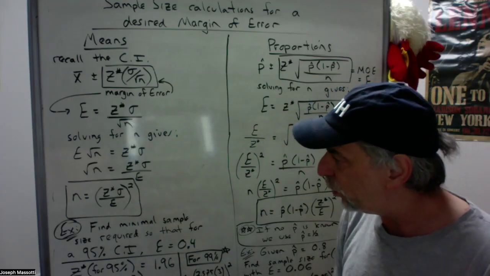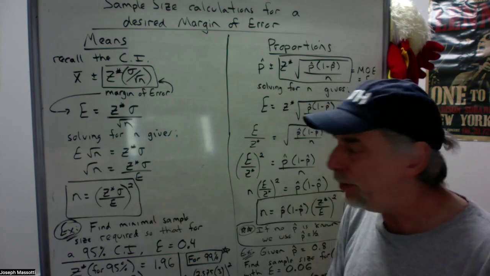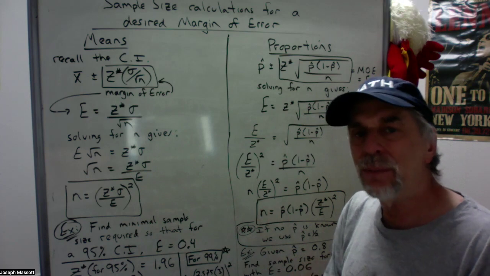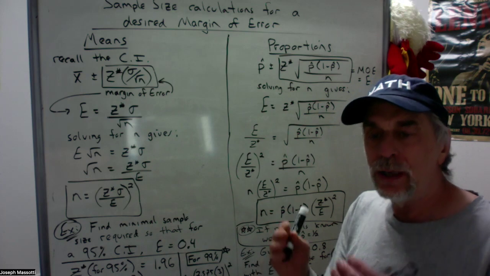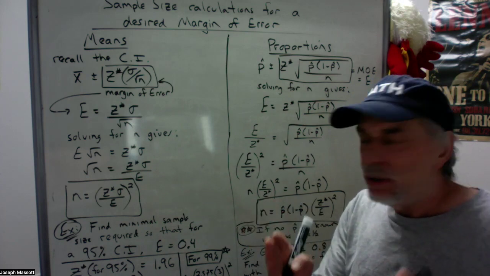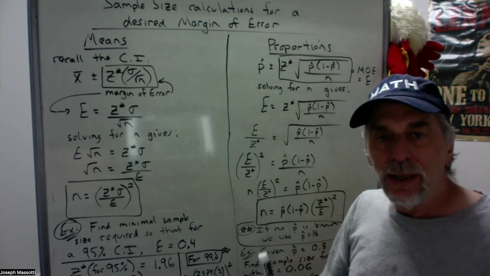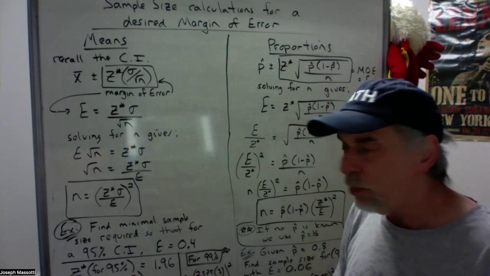And we end up with this formula. This is the formula to find the minimal sample size for a desired margin of error. So if you want a margin of error to be a certain amount or not more than a certain amount, we need a certain number of individuals in our sample. And this is the formula that we use.